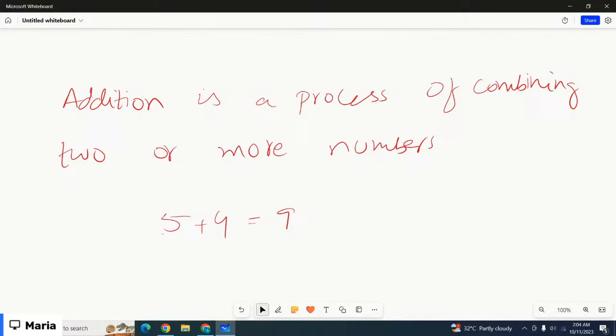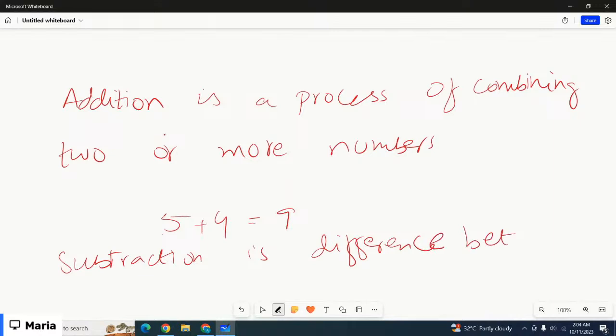Then you have subtraction. Subtraction means take away, right? So what is subtraction? Subtraction is a difference between two numbers, or you take away one number from another number, right?